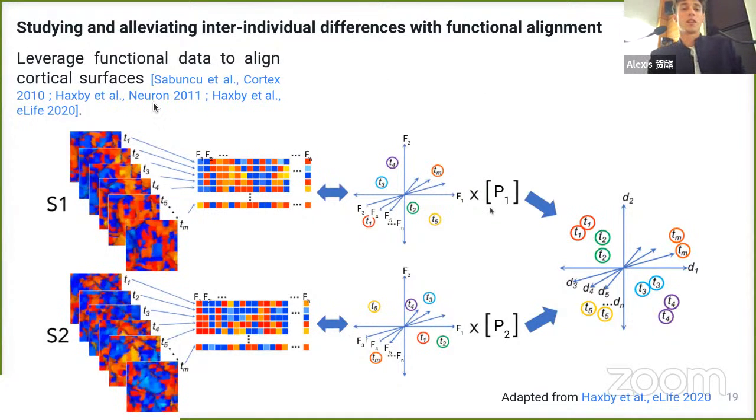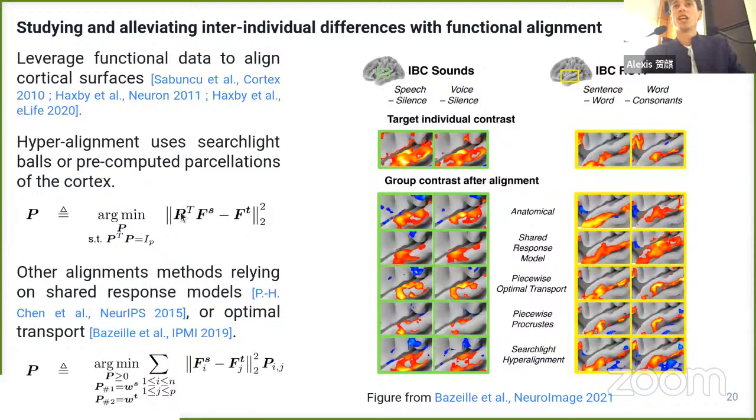Obviously, we need to cite the work of James Haxby and colleagues, who developed a general framework that a lot of people have been following for the past few years. Mostly the idea is that if two people do the same experiment, we want to find some sort of transformation of their individual signal that projects all of this information into a common space. Mostly they were using rotations in the functional space.